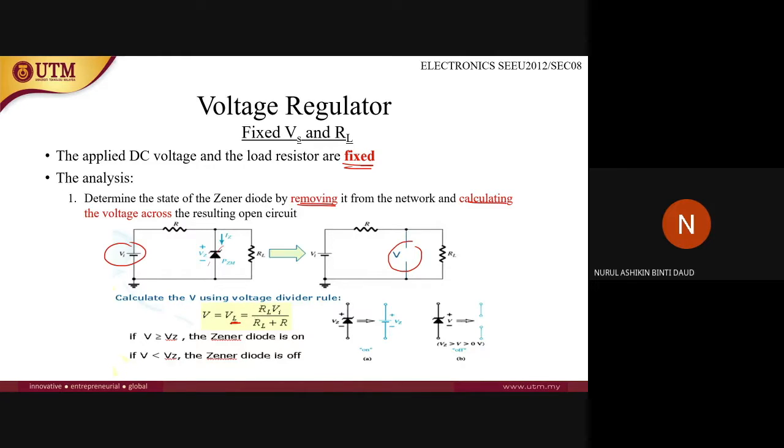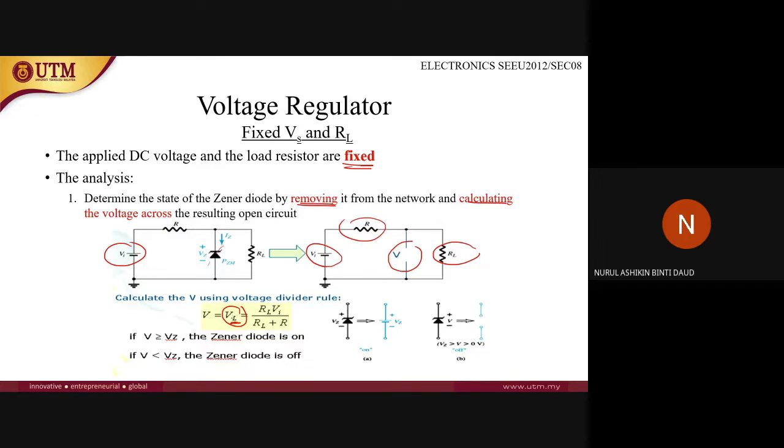So the formula is RL, the load resistance, times the input source voltage, over RL plus the resistor here. Then you will get the value of VL.